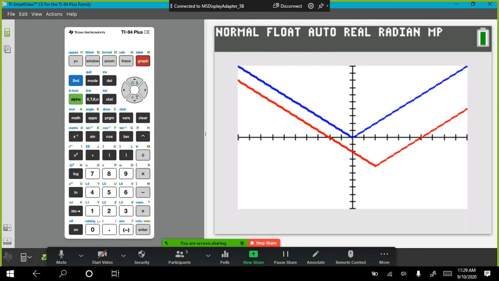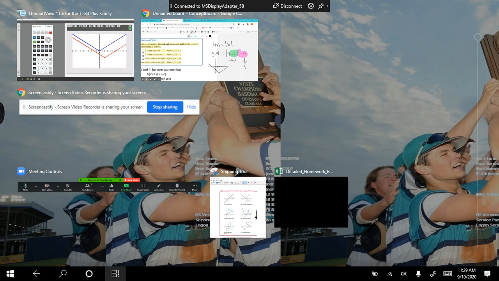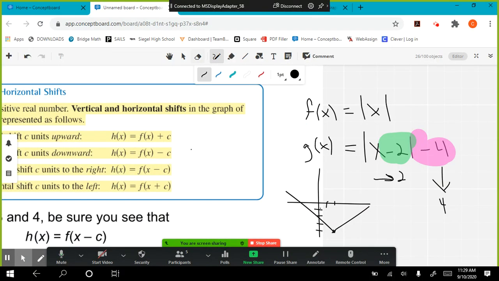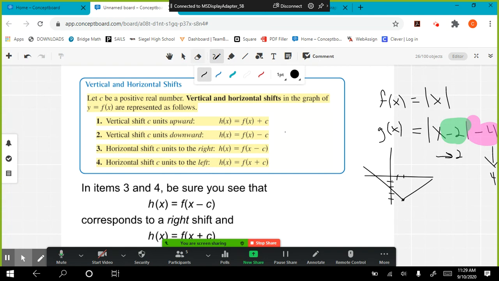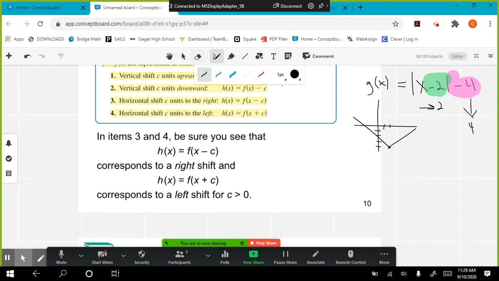All right. So that's not really too difficult to understand what's causing things to shift left or right, up or down. All right, and this chart's also in that e-text if you want to look at it there. All right.